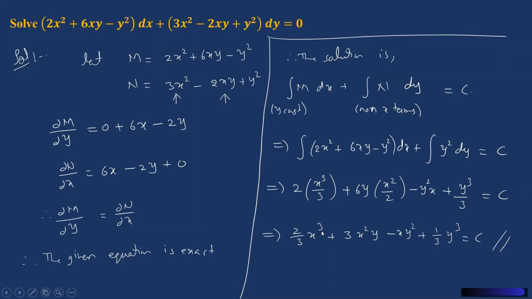As we did in the case of non-linear differential equations, when you are given a non-exact differential equation, by making use of several types of integrating factors, we reduce that non-exact differential equation into an exact differential equation.